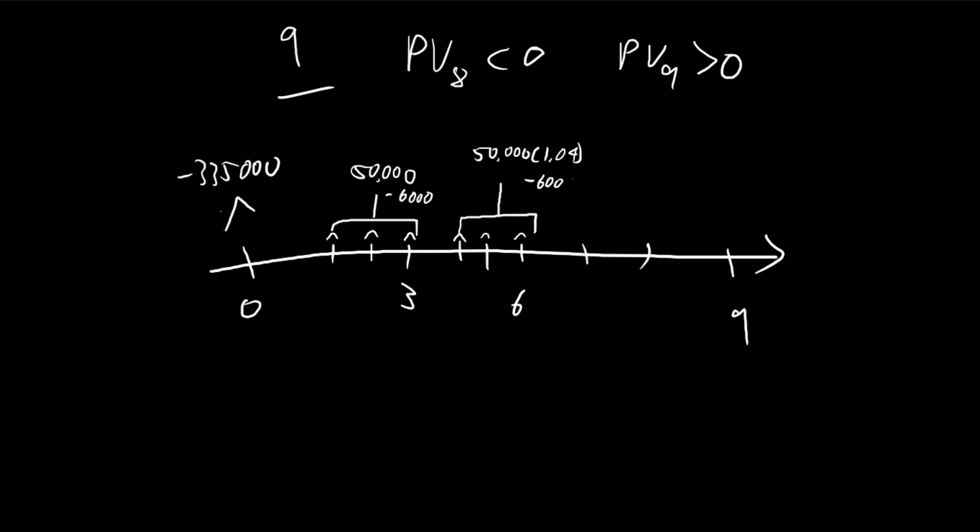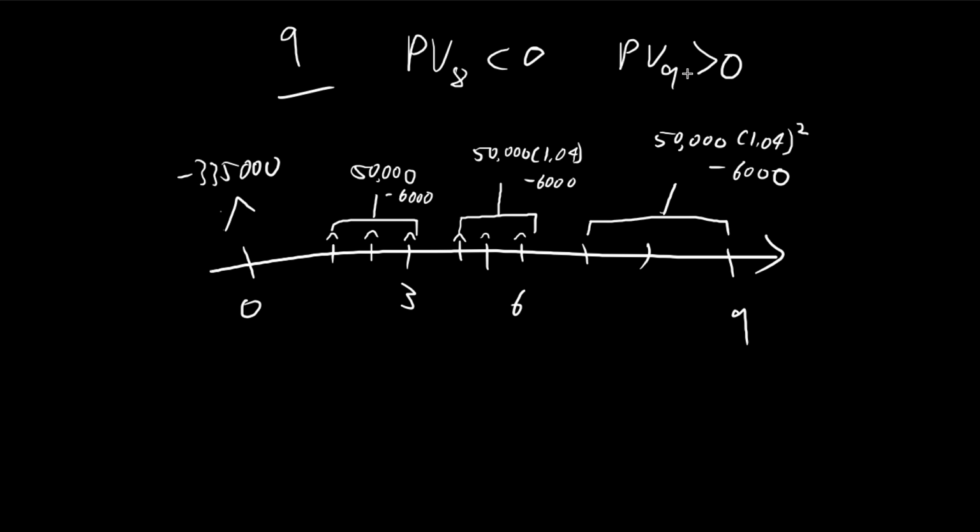And then again, there is going to be an expense. And then for years 7, 8, 9, we get something similar: 50,000 times 1.04 to the power of 2 minus 6,000. So this is all the cash flow that is going on.